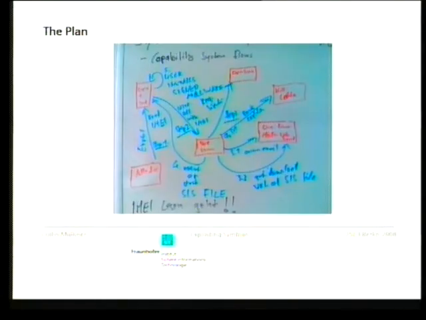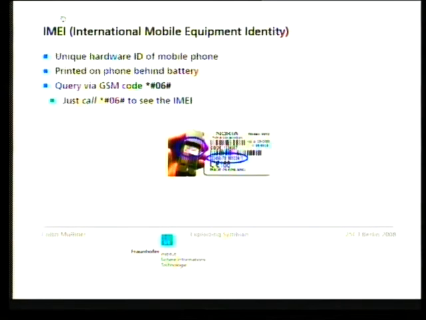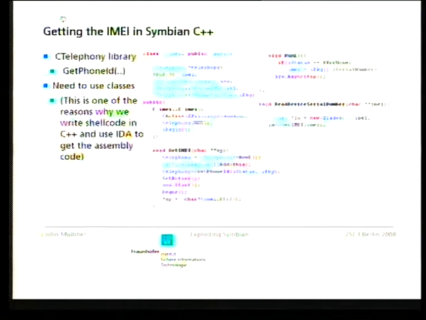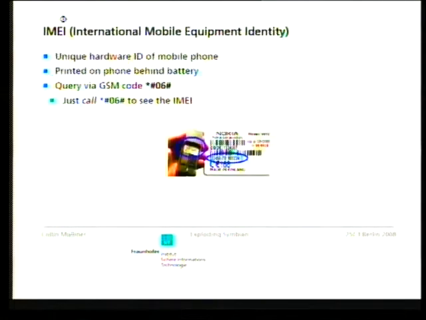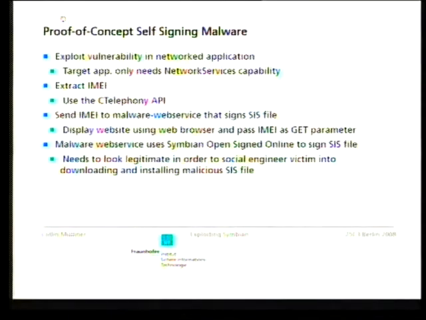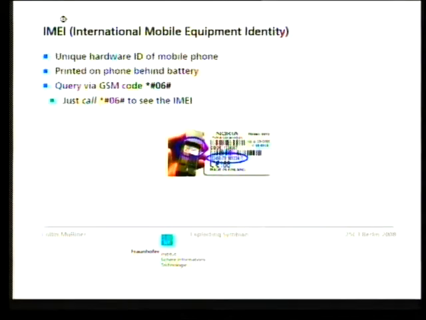So the original plan was like this. You attack the device, extract the IMEI, send it to the backend server. The backend server will send it to the online signing system. The signing system is protected by a very, very cheap captcha. You see here. Oh, okay. Did I show? No. Where is the cheap captcha?